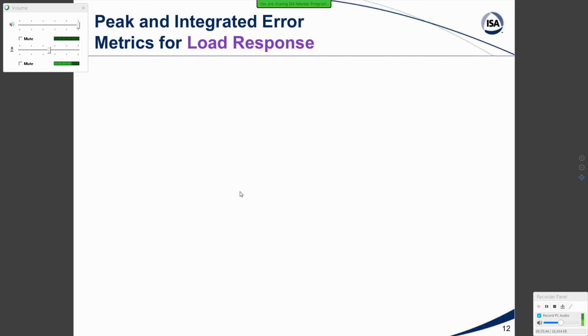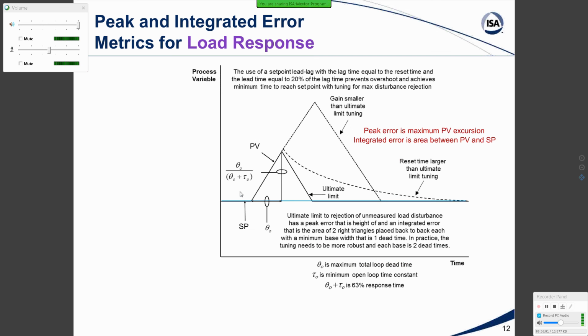So for me, the metrics and objectives have often been peak and integrated error for load response. And so I concentrated on trying to get equations that would help me there. But first I needed to know what is the best you could do. And the best you can do for a load disturbance, and it's idealistic because you really can't do this, is this triangle here.